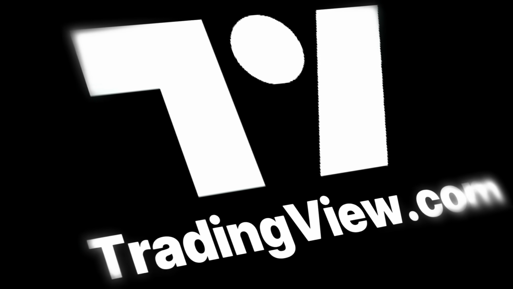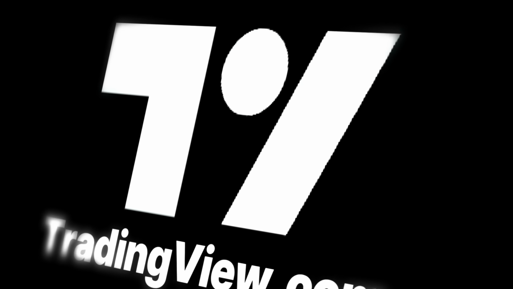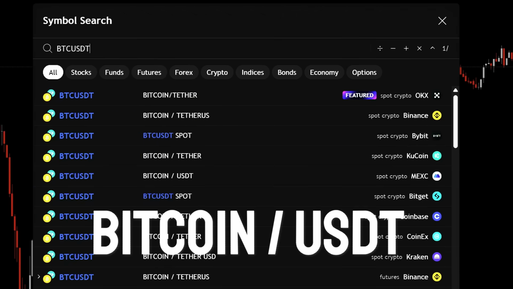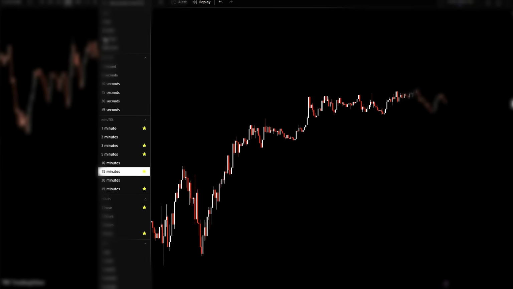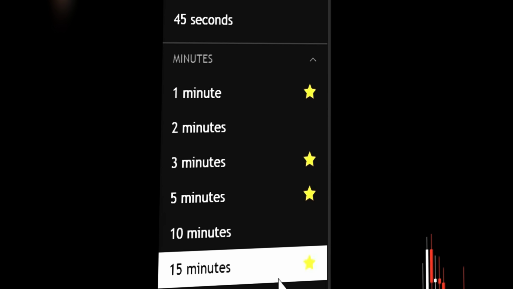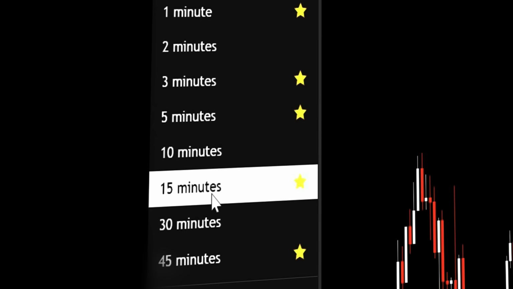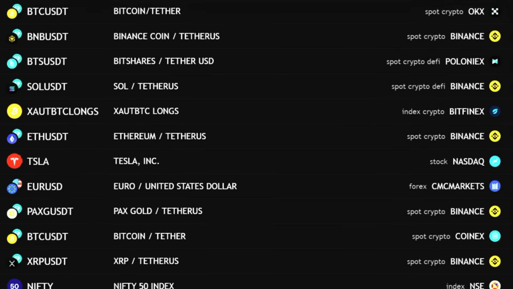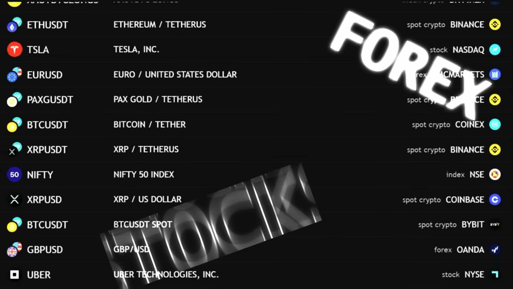Okay, so I've got TradingView open here. I'm looking at Bitcoin and the 15-minute time frame. But honestly, the chart and the time frame don't matter as much as the logic we're about to cover.